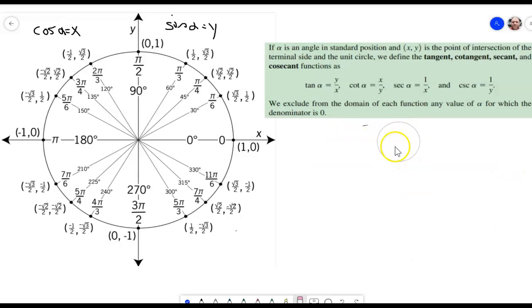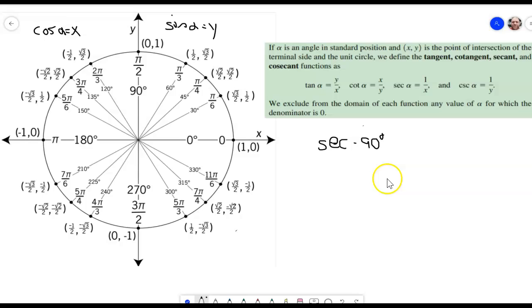So it's out of the way. Let me get 2 more of these in here. How about, let's do the secant of negative 90 degrees. I'll do this one a little bit differently.